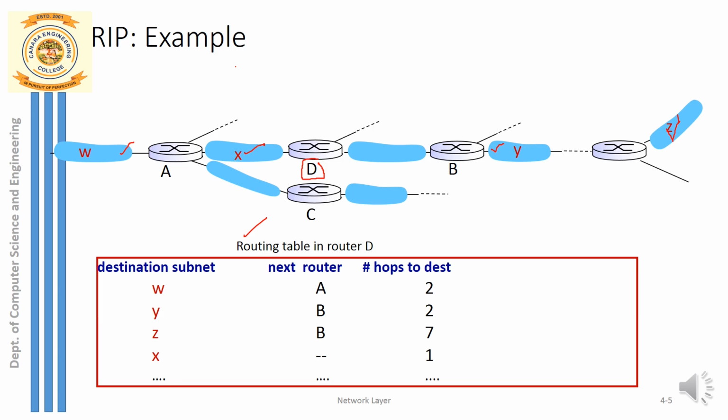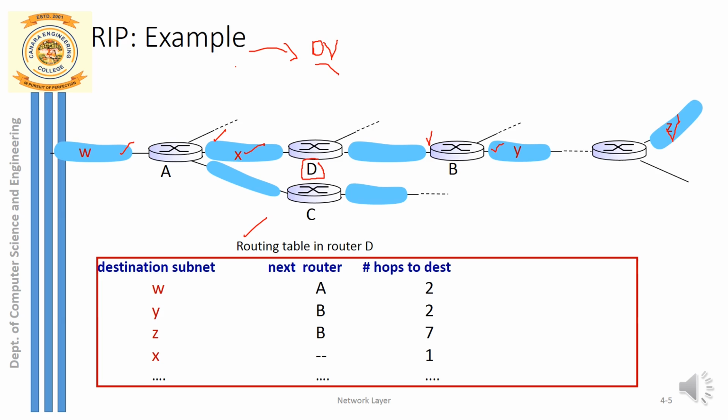Here remember one point: RIP actually makes use of the distance vector algorithm to calculate the shortest path. So the distance vector or Bellman-Ford algorithm is used to calculate the shortest path. As per the distance vector algorithm, we know that the distance vector is calculated by every node, and that information is shared among its neighbors.